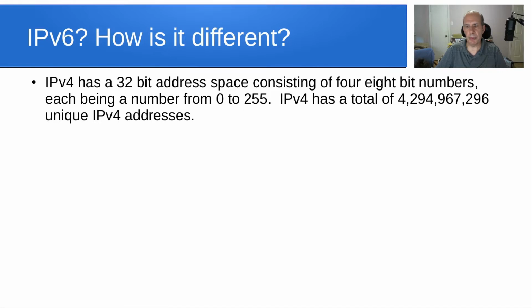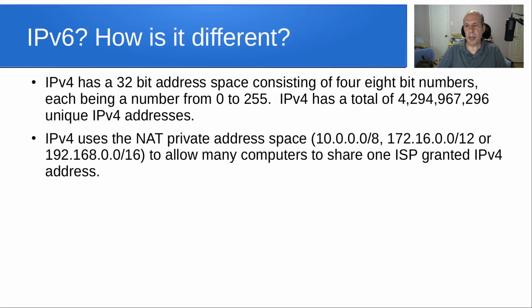Sounds like a really big number. IPv4 uses NAT private address space in the 10 range, in the 172.16 range, and in the 192.168 range to allow many computers to share one ISP-granted IPv4 address on each of your private networks. So that really does a good job in terms of preserving unique address space on the WAN.